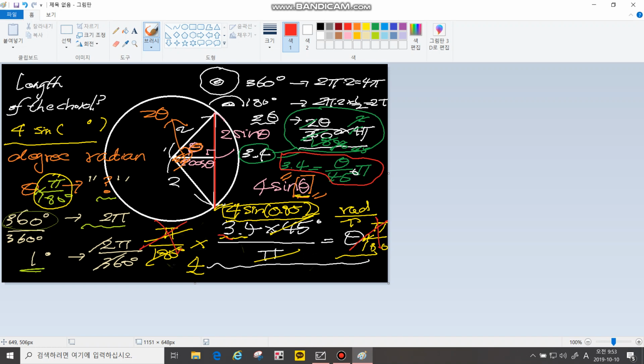So all we need to do is calculate this part here, 3.4 times 45. Let's do that. 3.4 times 45, which is 153, divided by pi, then you get 48.70. So this one here is 48.70.